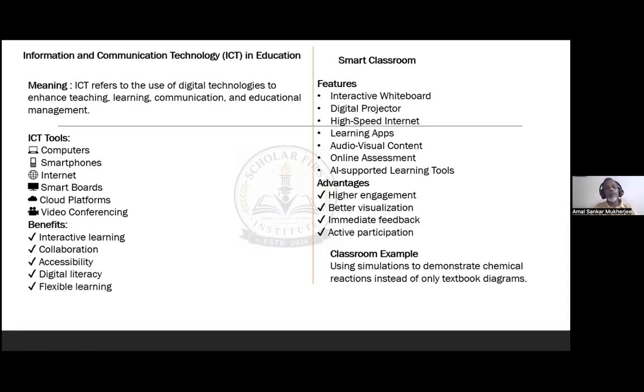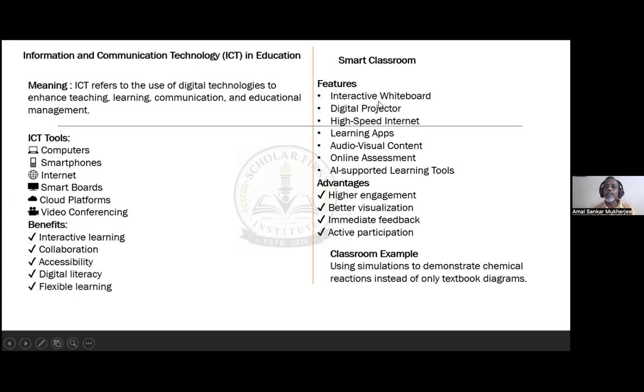Now, you have come to know I have mentioned one of the ICT tools here, that is a smart board. Where is the smart board used? Of course, in a smart classroom. So let me explain exactly what a smart classroom is, what the features in a smart classroom are, and what advantages we can get from the smart classroom. Let's start. The smart classroom, what are the features?